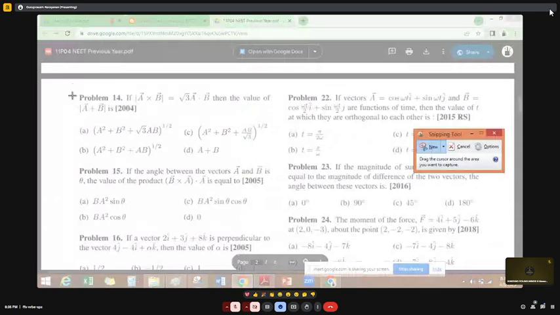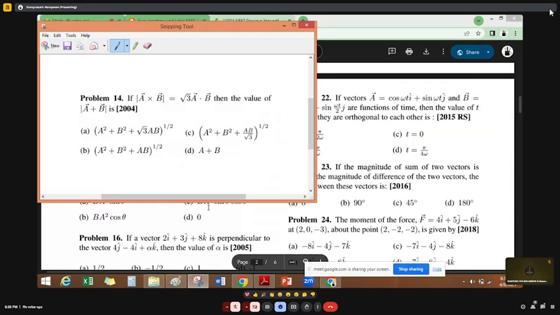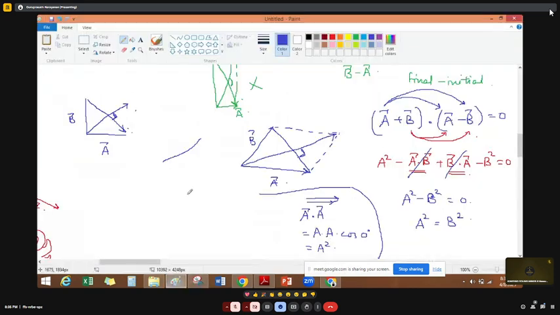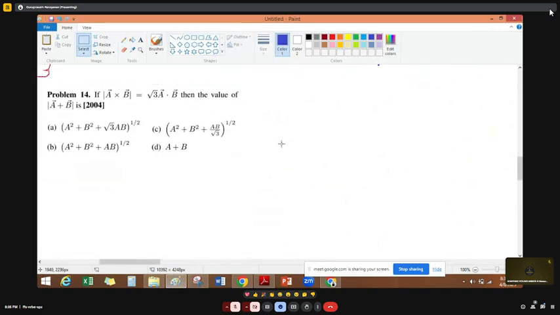Very often I have seen students struggling with these kinds of problems, but actually it's very, very easy. Okay. A cross B, but then this is magnitude, which means it will be AB sine theta is equal to root 3 A dot B. A dot B means AB cos theta.